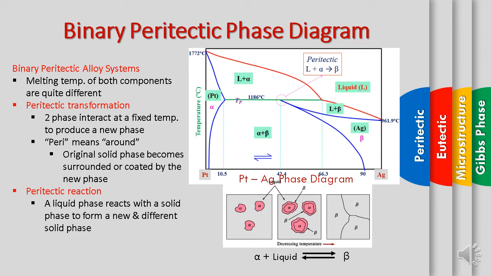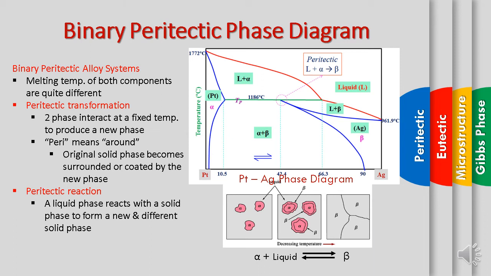And finally, we will cover the peritectic phase diagram. We will discuss the category of peritectic in the Pt-Ag phase diagram. You can see that there are different lines: solidus, liquidus, and solvus.